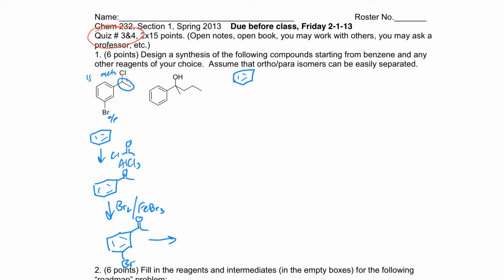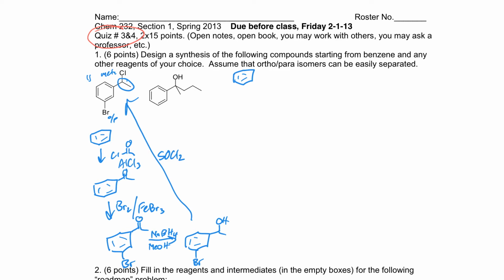And I can turn this into an alkyl chloride by first reducing to an alcohol. And probably some methanol there for a proton source. And then back up here, simply SOCl2 should give us the chloride.